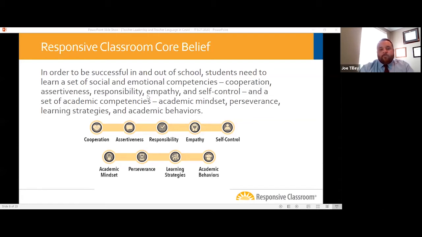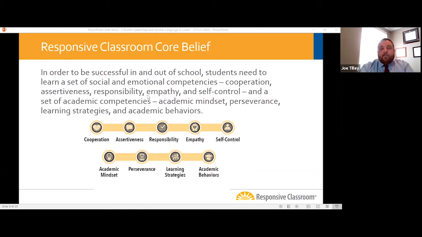The important part to remember here, especially in this newfound reality where we are going to be seeing students from a virtual perspective and in a hybrid perspective, is that underneath all of these categories, underneath all of these competencies, are a set of skills. And those are the skills that we have to think about how to support students with.